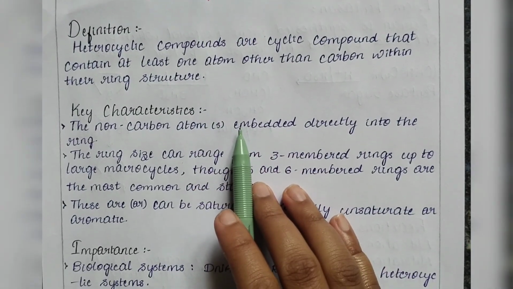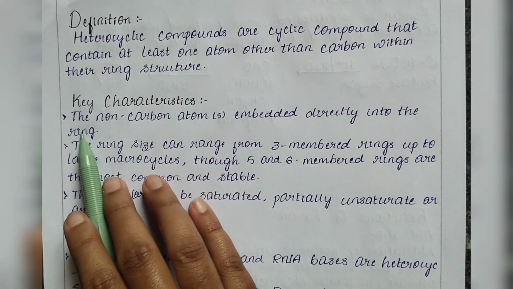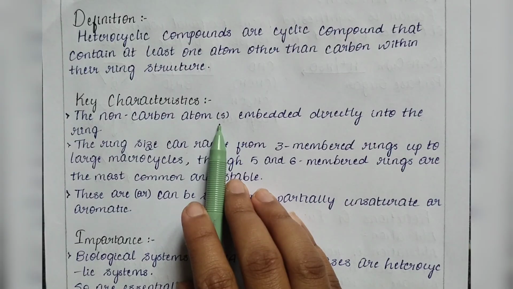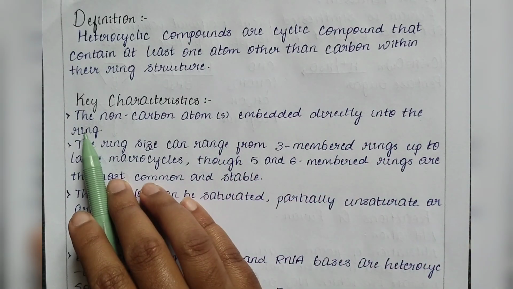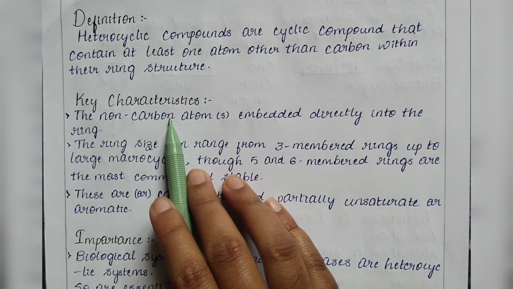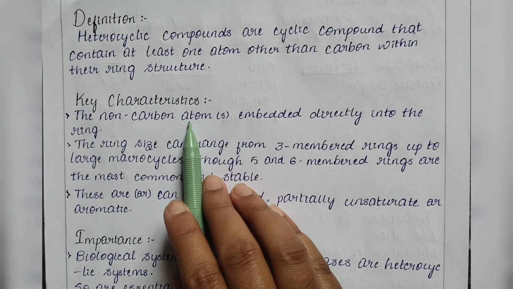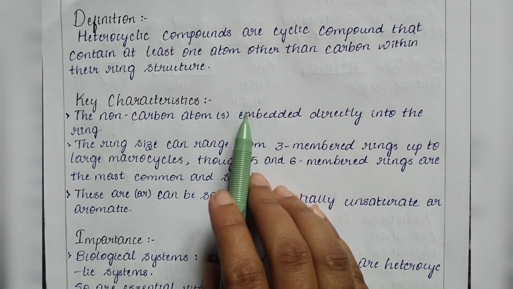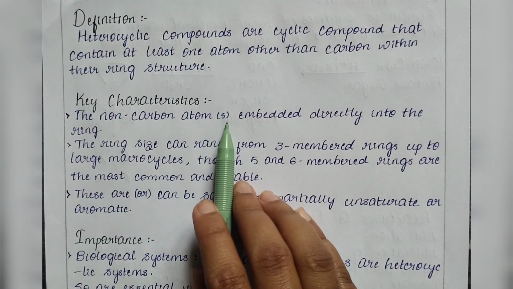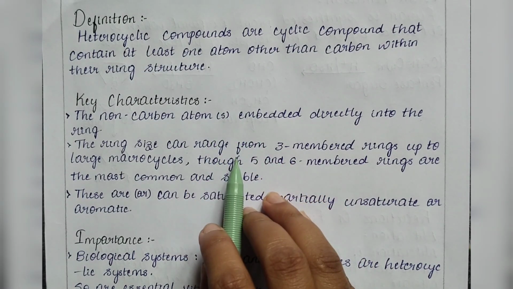The key characteristics of heterocyclic compounds are that the non-carbon atom or atoms are embedded directly into the ring, that is, the heteroatom which is present in the ring is directly placed inside the ring of the carbon compound.